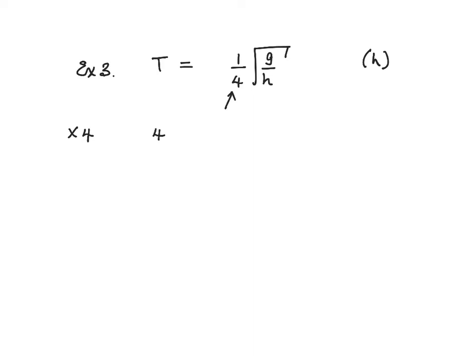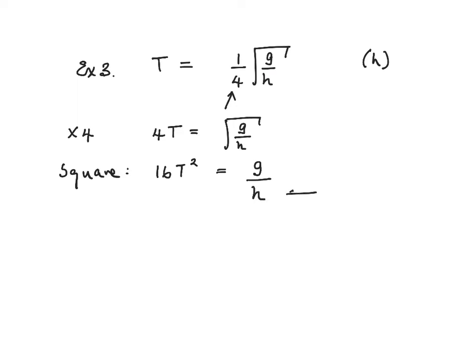So 4t equals square root of g over h. I'm then going to square both sides. So, need to be careful here. 4 squared is 16. t squared is t squared, and that gives us g over h.